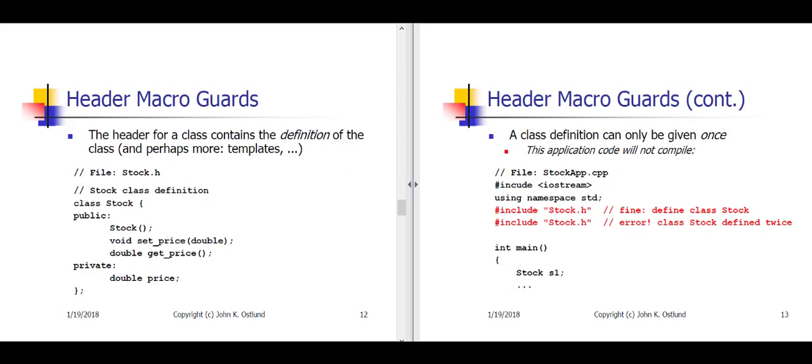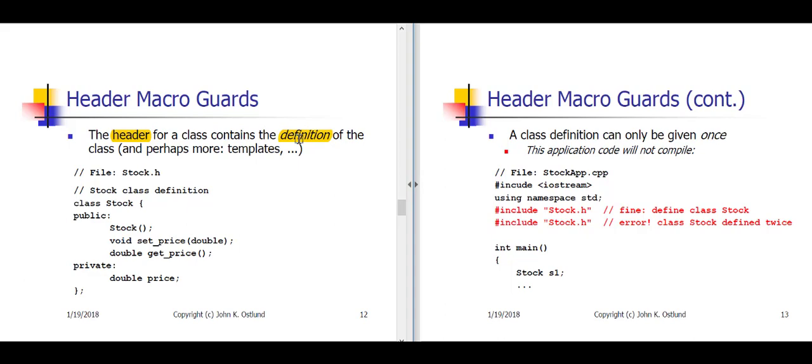We need to care about conditional compilation, #defined tokens, and so forth, because it will affect how we develop our header files for our classes. Now, for a class, the header typically contains the definition of the class.